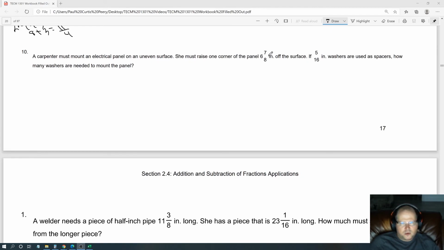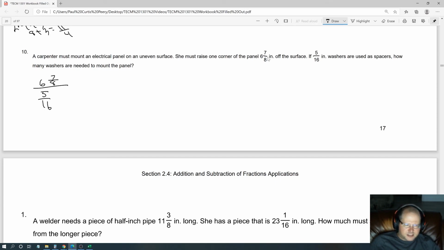She must raise one corner of the panel 6 and 7/8 inch off the surface. If 5/16 inch washers are used as spacers, how many washers are needed to mount the panel? Okay, so we want to raise it a total of 6 and 7/8, and we can only do that 5/16 at a time, so we divide by 5/16.